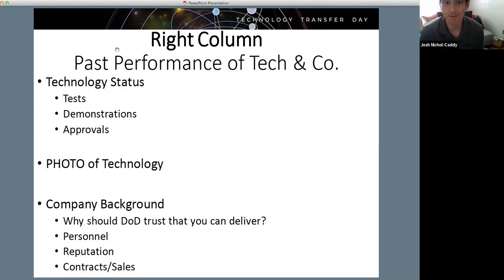Okay. So covering the right column here is past performance of the technology and the company. So this is again a little bit of additional information for just that technology readiness level. So what tests have already been conducted? Has it been field tested in a military environment or in this very specific use case?